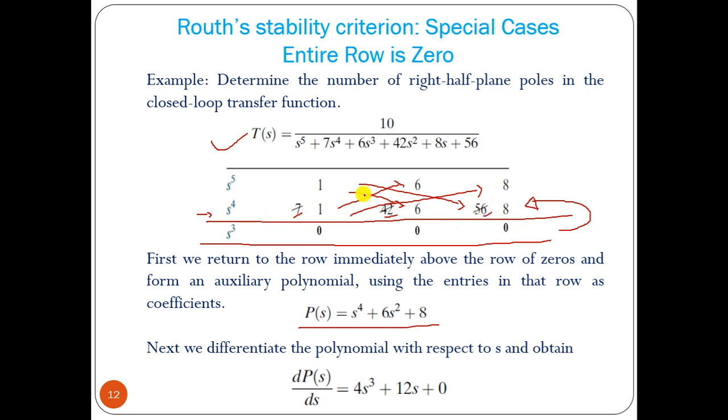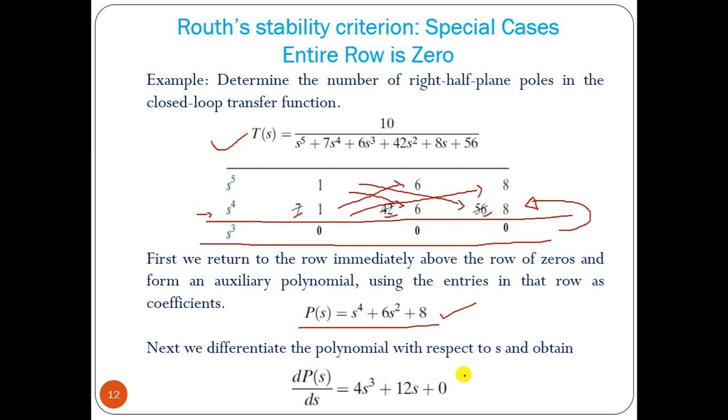Because the coefficients are entered alternately, if this is 1 it is s^4, the next term 6 will be s^2, plus 8. So this is your auxiliary polynomial. We can find dP(s)/ds, so it will be 4s^3 + 12s.